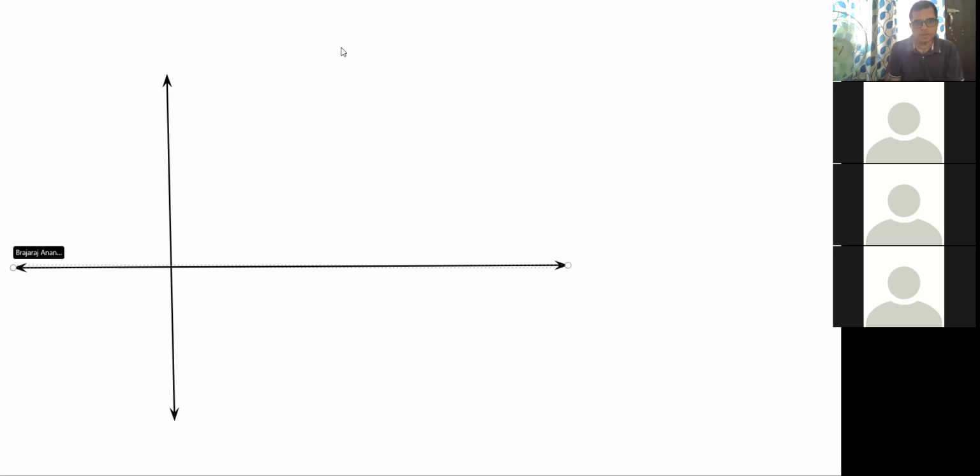That if this is your actual origin, actual coordinate axes x and y. Now if you shift this system to another location, it means if you shift it here, now your new center will be this one.